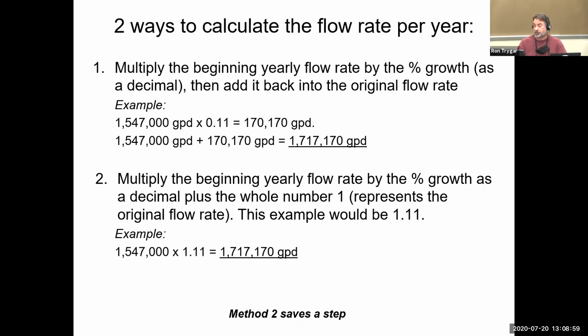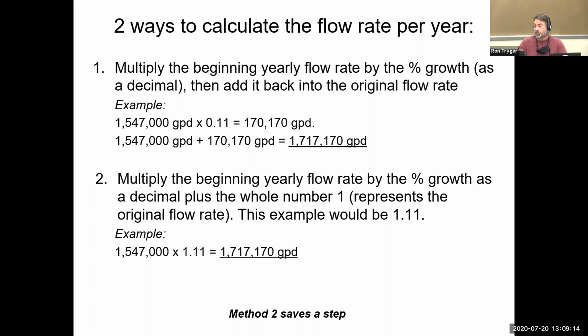So for example, we have here two ways to calculate it. You can multiply the beginning yearly flow rate by the percent growth as a decimal, which would be the 12%. As a decimal would be 0.12. Or, I'm sorry, in this example, 0.11.